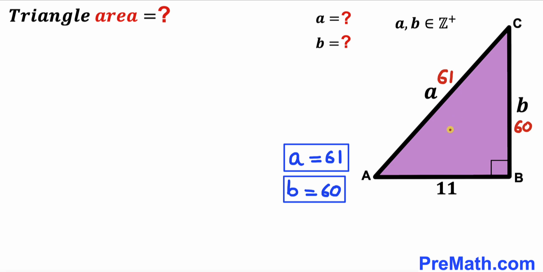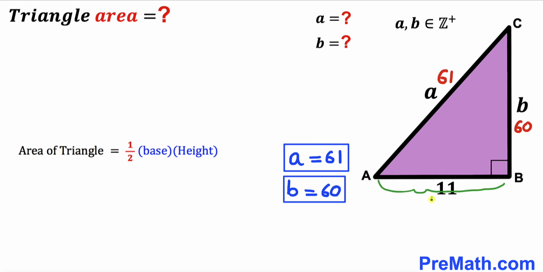Here's our next step. Now we are going to calculate the area of this purple shaded triangle ABC. Let's recall the area of a triangle formula: area equals a half times base times height. In our case, this is the base of this triangle, and this side is the height of this triangle.